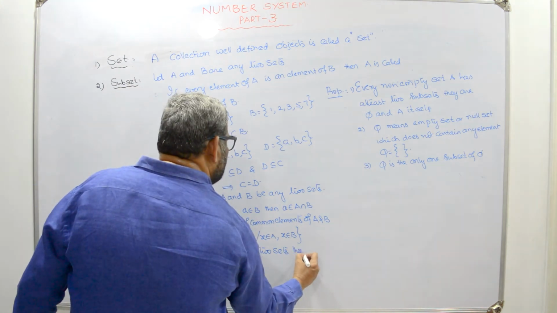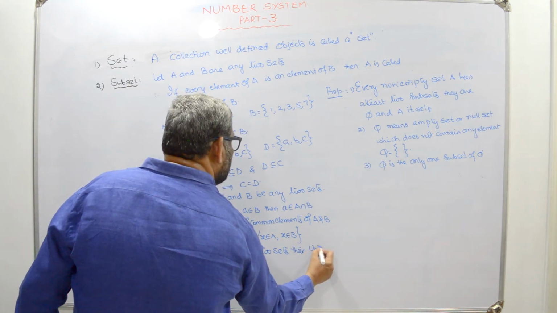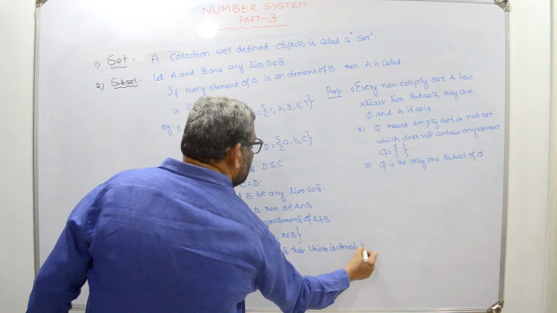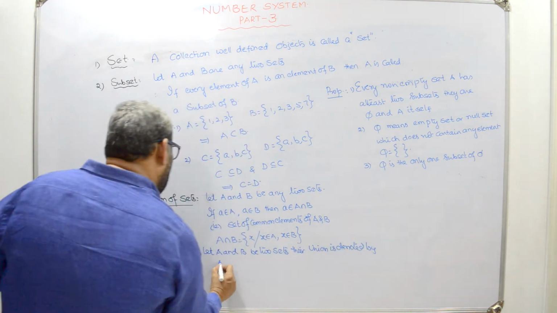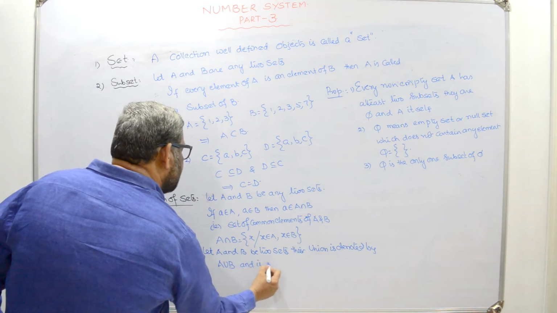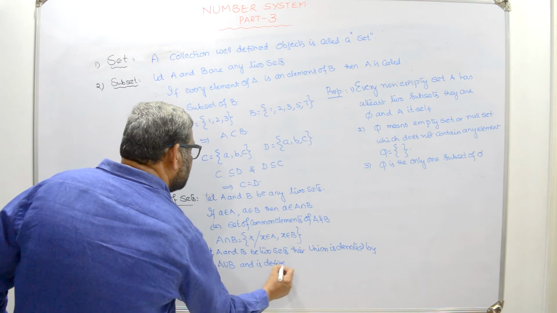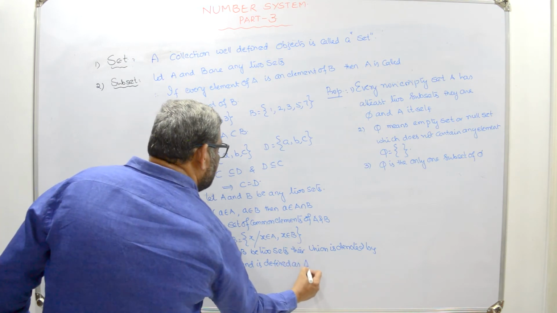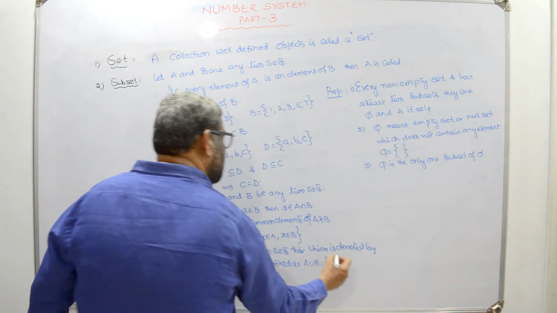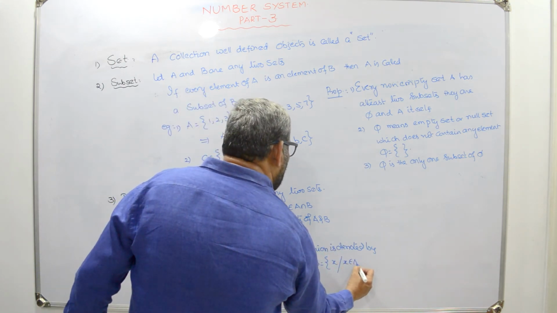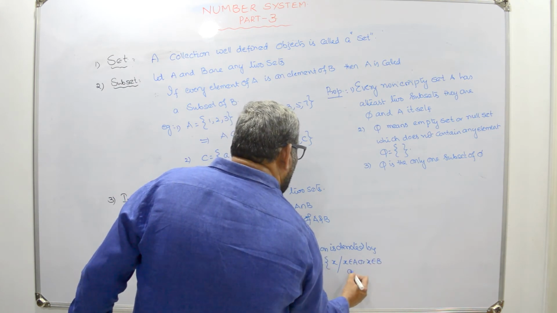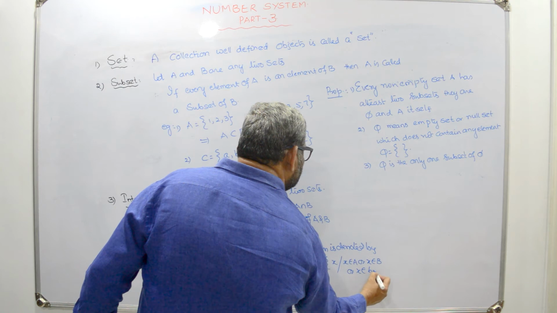Their union is denoted by A union B and is defined as: A union B is equal to the set of all x such that x belongs to A or x belongs to B or x belongs to both.